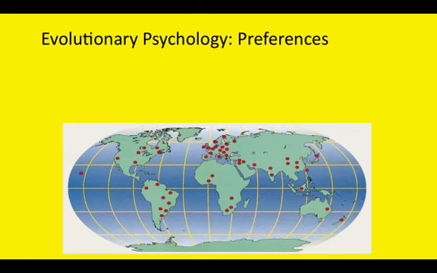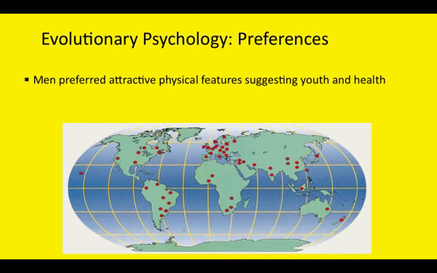Evolutionary psychologists study preferences for much of their research. They've looked at different preferences in men and women. They've found, all over the world, that men prefer attractive physical features that suggest youth and health.